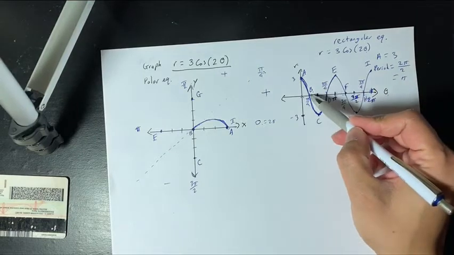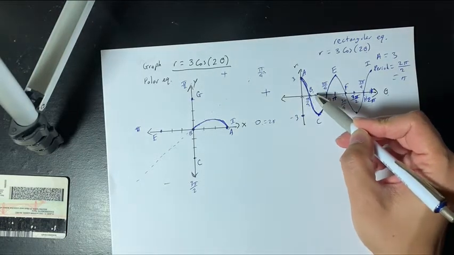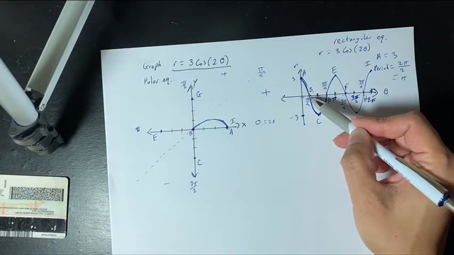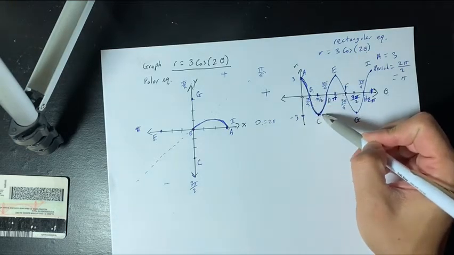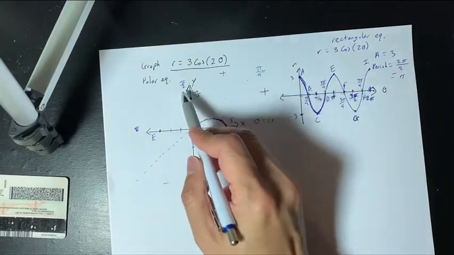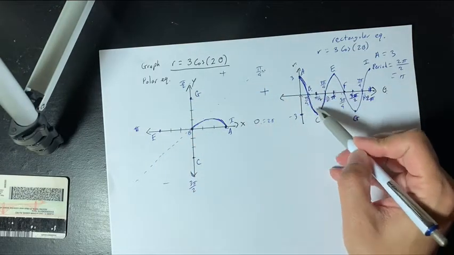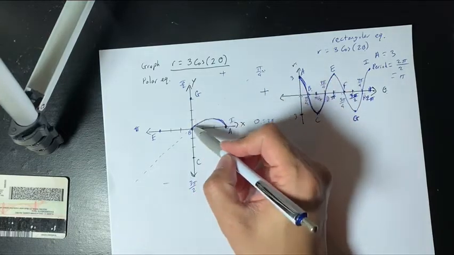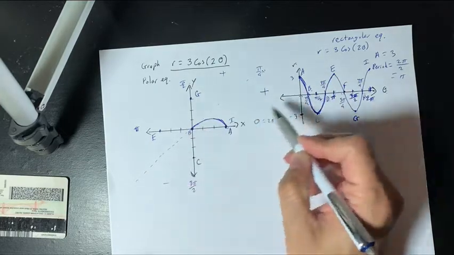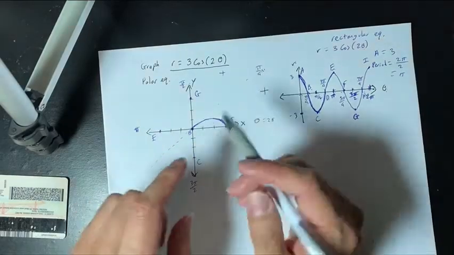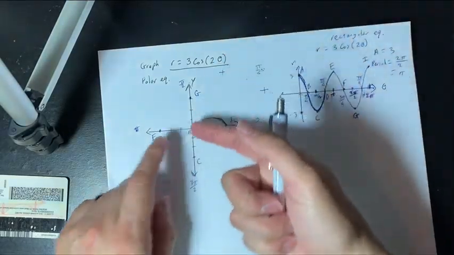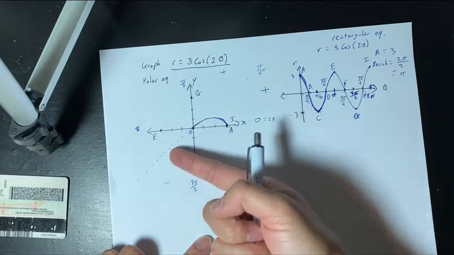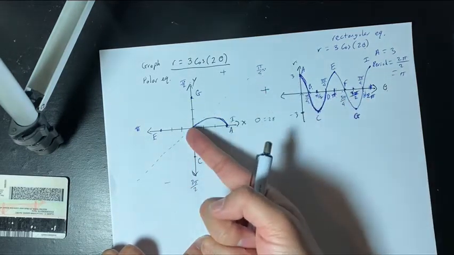So now that you're at B, we're going to go towards C, which is from pi fourth to pi half, but you notice that all my radius is negative. So from pi fourth to pi half, because all my radius is negative, I'm actually not going to go towards this positive direction. I'm going to go towards the negative direction. So as my angle increases, my radius would actually decrease even further, going to the negative direction. So at pi fourth, it's 0.